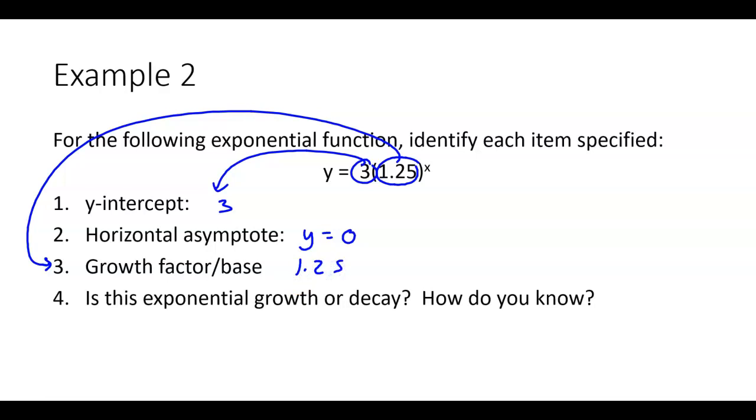Now, is this exponential growth or decay? Why is it growth? Because my b value, what's my b value? Well, what's the number for it? 1.25. Is 1.25 greater than 1 or less than 1?